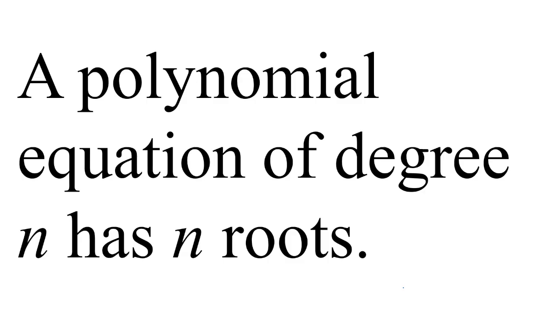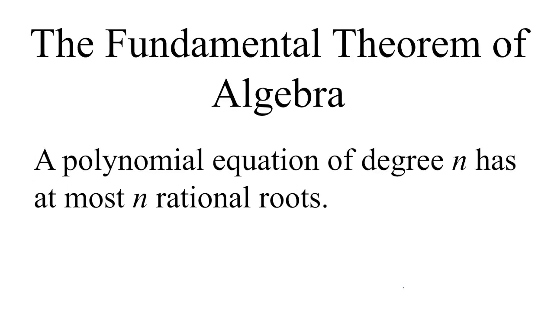The second point I want to make is the fundamental theorem of algebra. A polynomial equation of degree n has at most n rational roots. Now, I just said that a polynomial equation of degree n has n roots, and at most n of them can be rational roots.